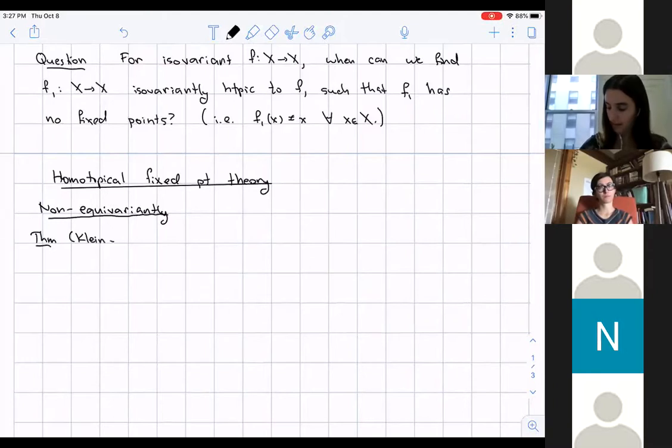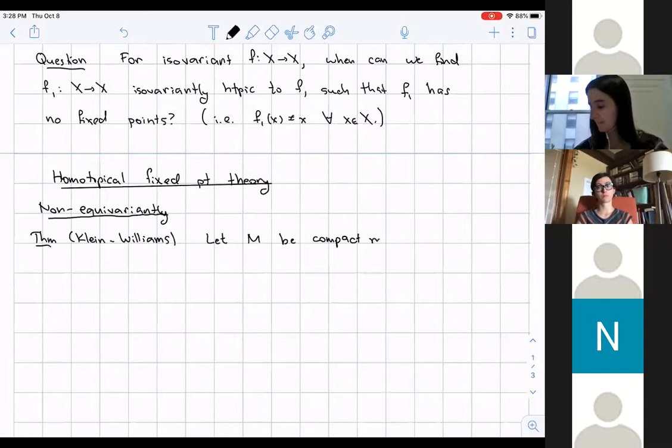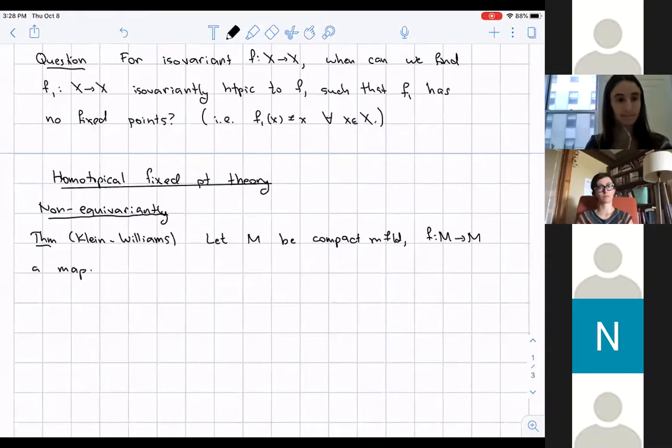In the formulation that I'm discussing, this is due to Klein and Williams. Let M be a compact manifold, and f from M to itself a map.